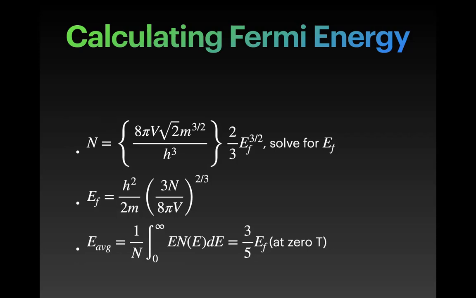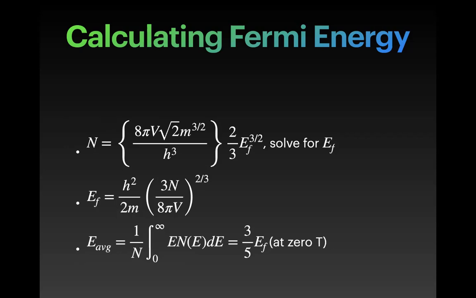The more mass of the particle, the lower the Fermi energy. Then it depends on the number density, the number of whatever they are, electrons, neutrons, atoms, to the 2/3, per unit volume.